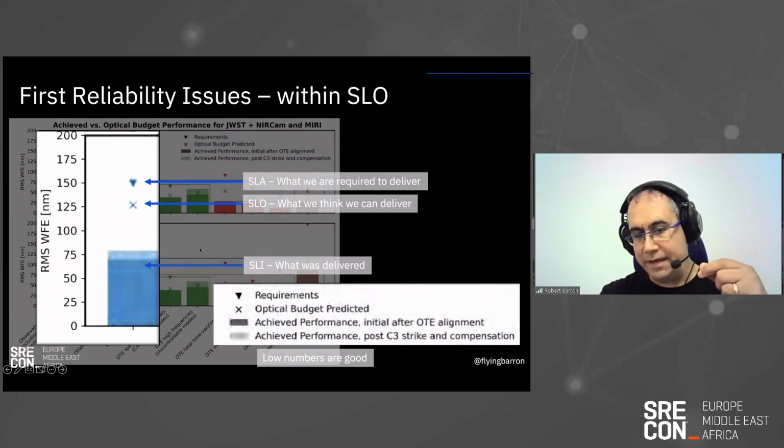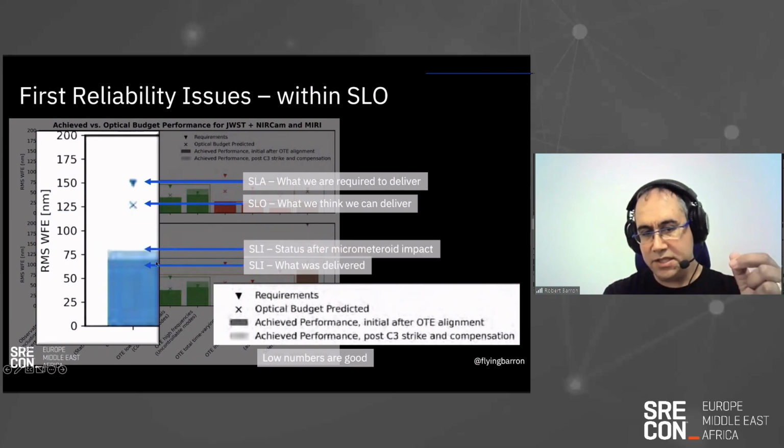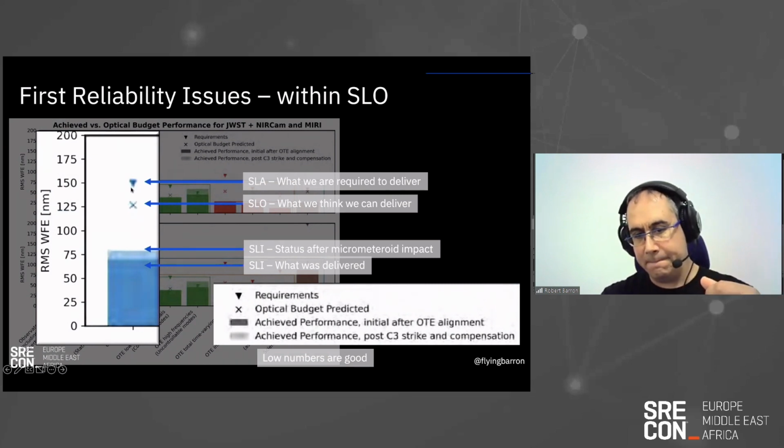As a result of the impact of the meteoroid, there was some degradation, this paler blue color, but as you can see, it's still well within both the SLO and the SLA.